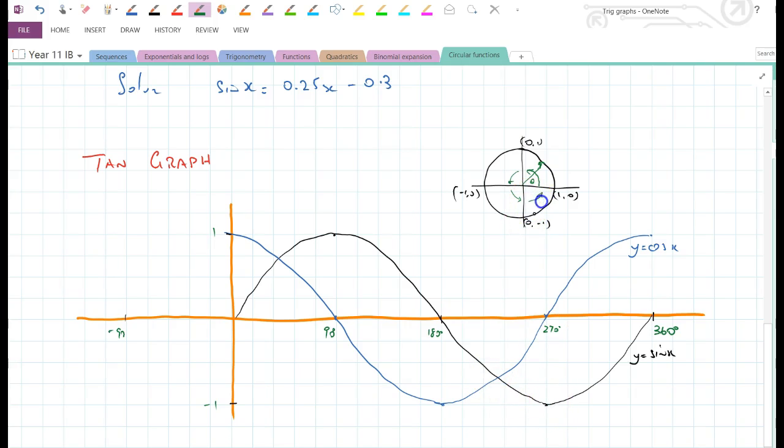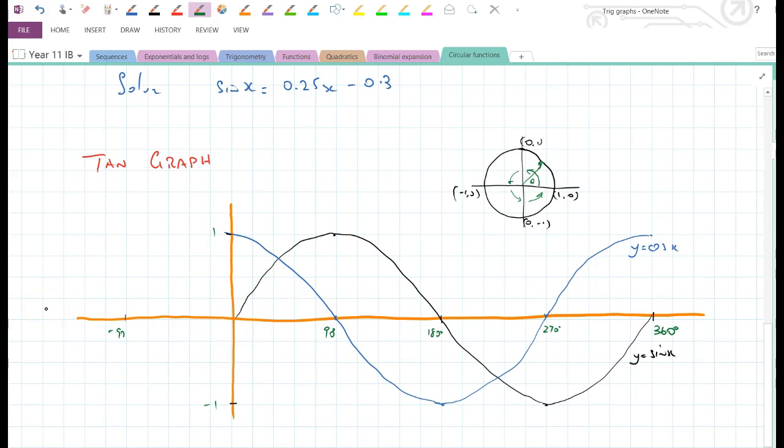Then in our fourth quadrant, our x's have become positive again, from 0 to 1, finishing at 1 at 360, and our sine goes from minus 1 back up to 0. If we keep spinning around, these waves just go on forever, and that goes on in the negative direction as well.